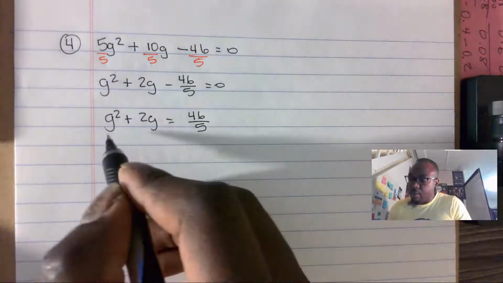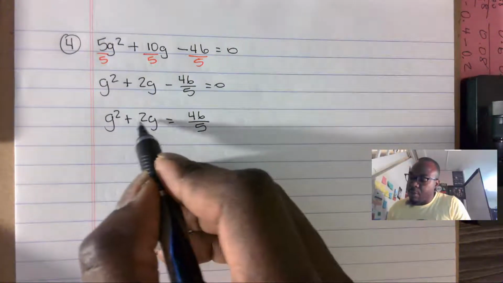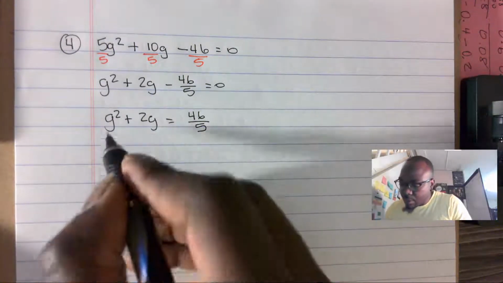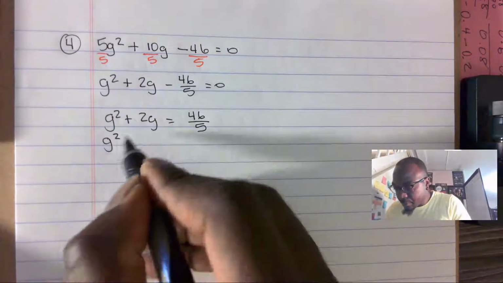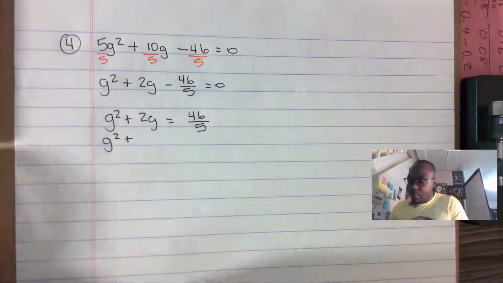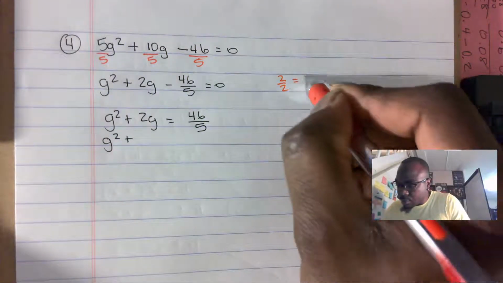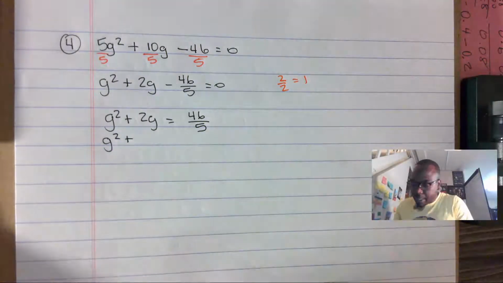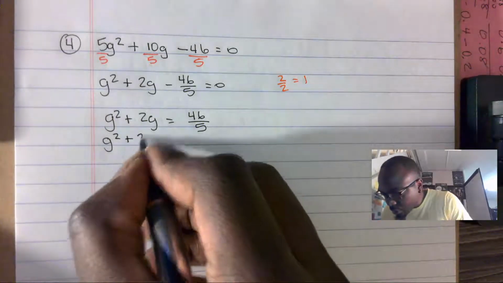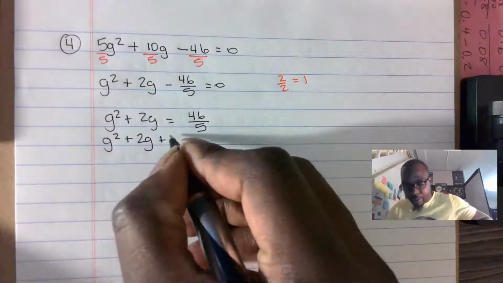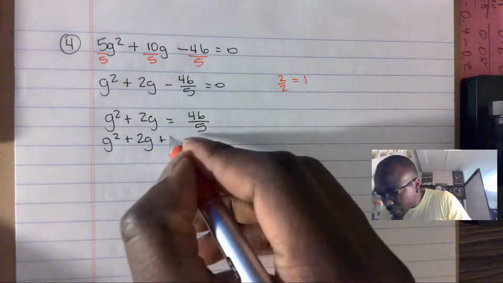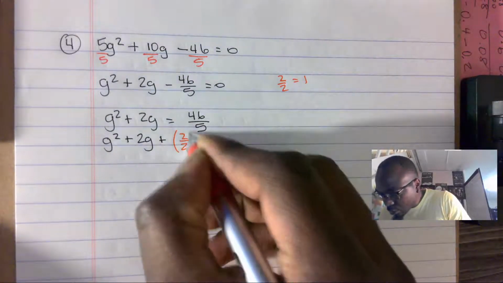Now what we're going to do is take half of b, squared, and add it to both sides. So b, as we know, is 2, and 2 divided by 2 is equal to 1. Let me write it so you guys can see the consistency: 2 over 2 squared.